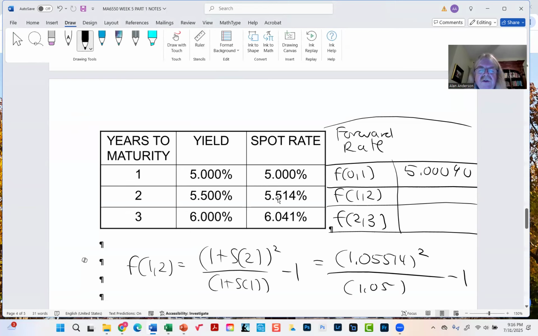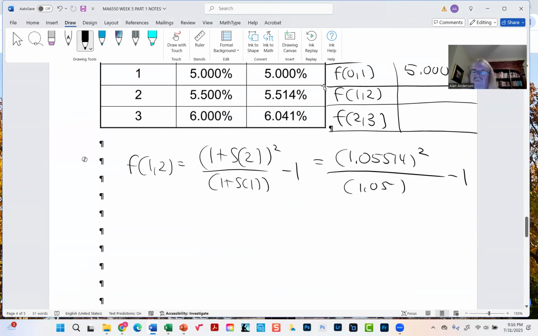Okay, so let's figure that one out. It's about 6.03, or of course 6.03%.